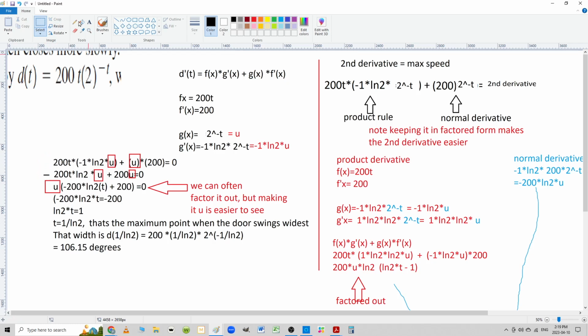Now, I factor out a u. So what's left in here is minus 200 times ln 2 times t. I've just moved the t over here to the right and put all the numbers in front.